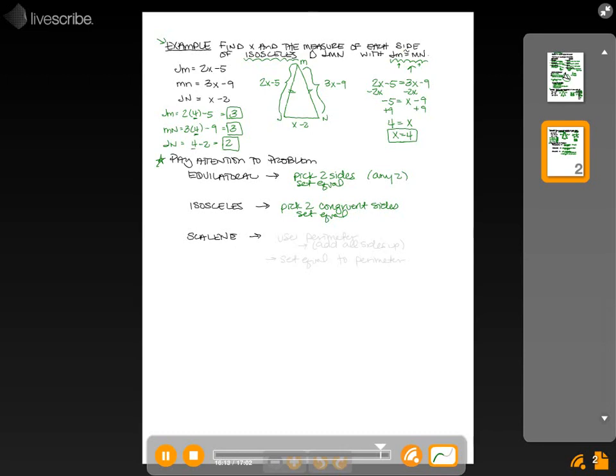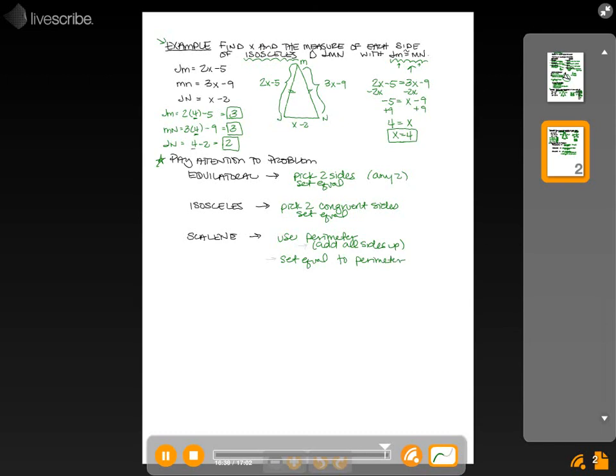And then our third, scalene, we did not do an example of that, but for scalene, you're going to use perimeter. Now, perimeter is the sum of all the sides. So we would add all the sides up, and we set it equal to perimeter, which is a specific number.